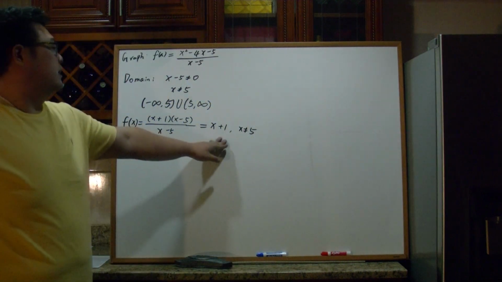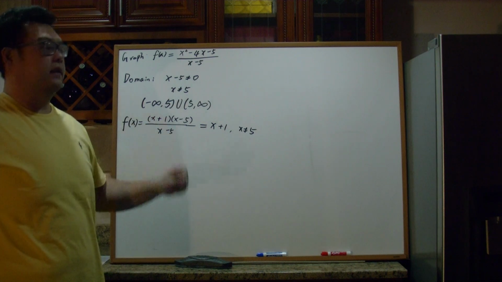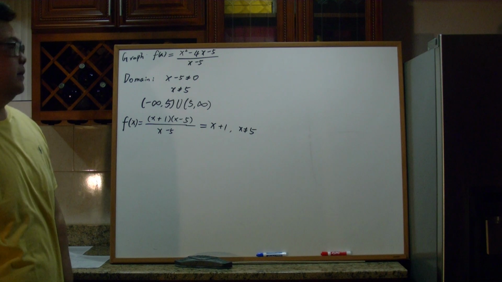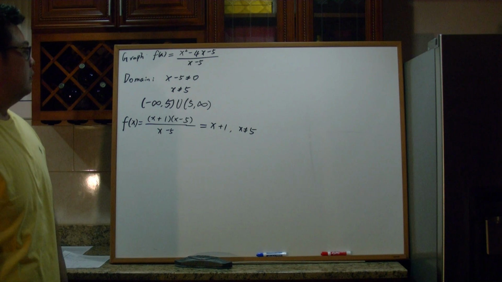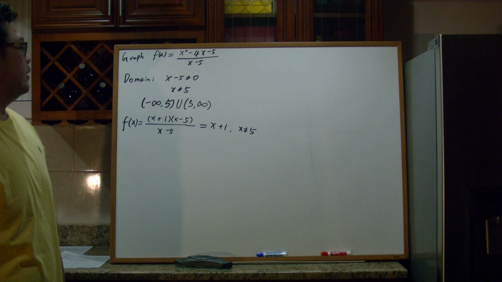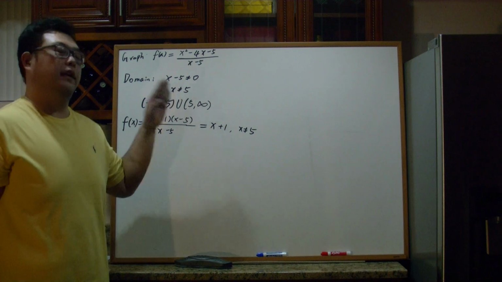So these expressions are the same, as the extra condition makes them exactly the same. So f of x is actually the line x plus 1. Then we don't need to worry about vertical or horizontal asymptotes since we have a linear equation here.